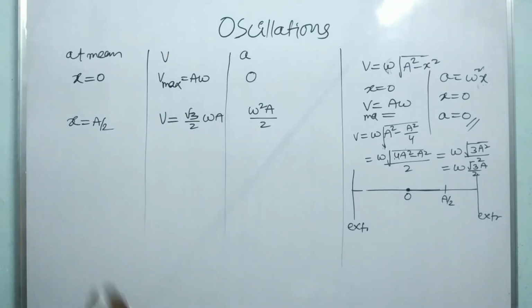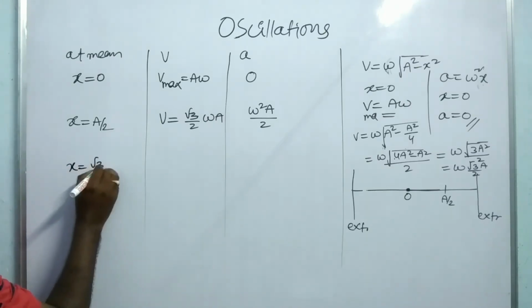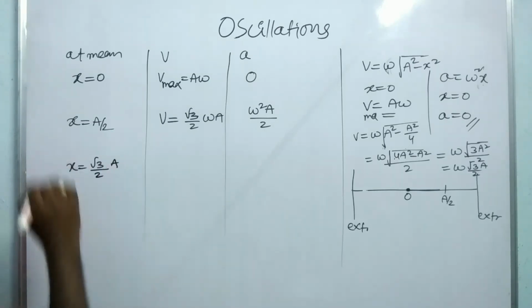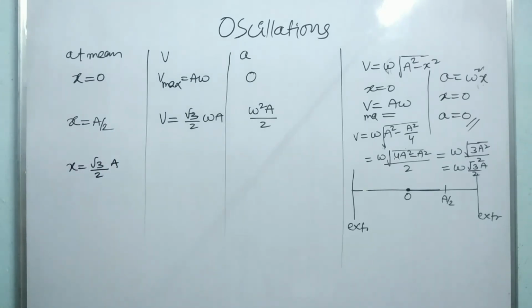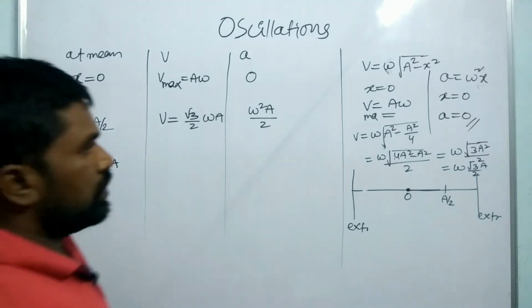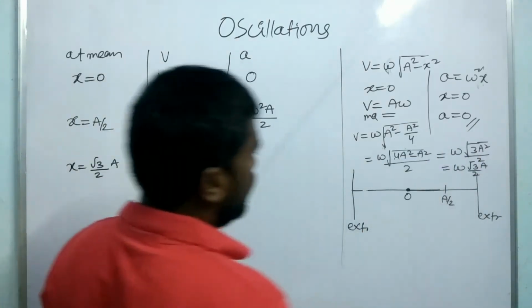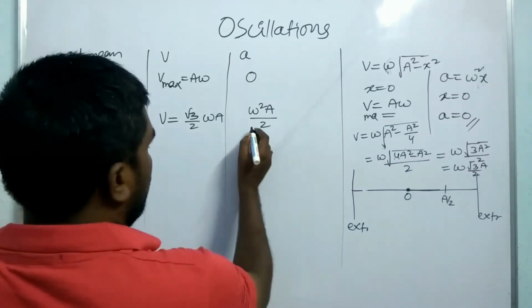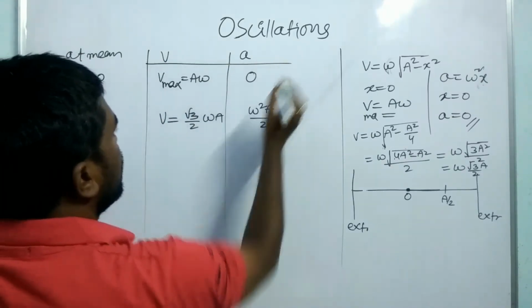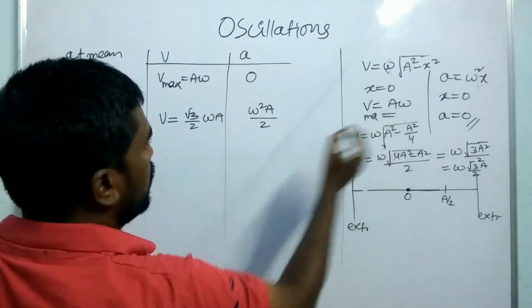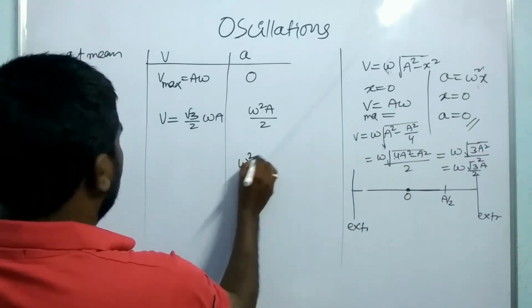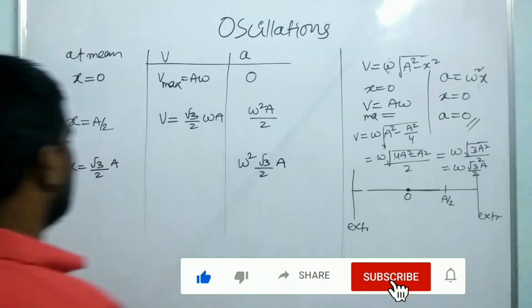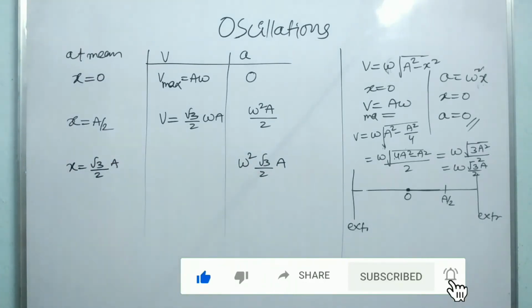And next, if x is equal to root 3 by 2 A, you have to substitute here and write the V value and omega square value. So the acceleration value, directly we have to write, is equal to omega square into root 3 by 2 A, simple.